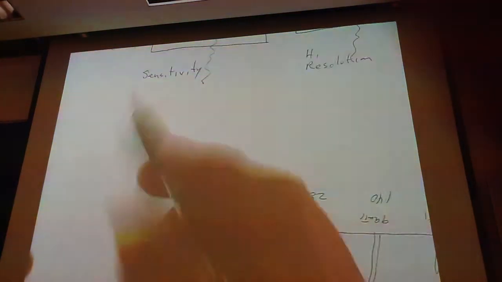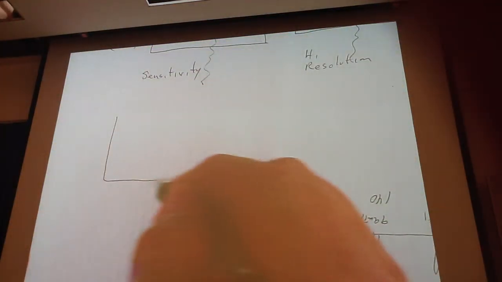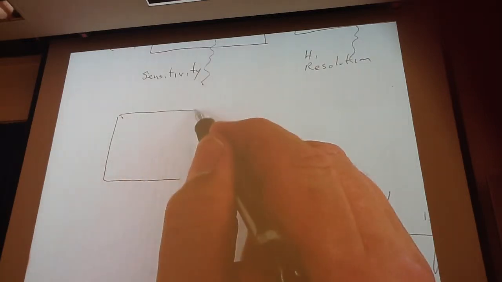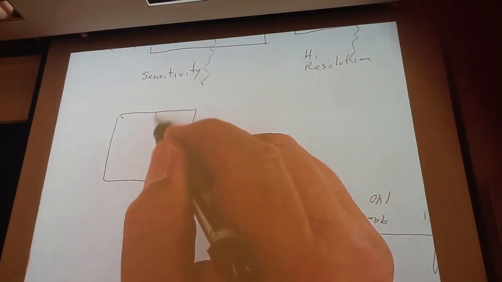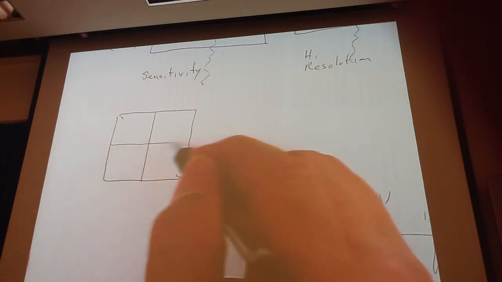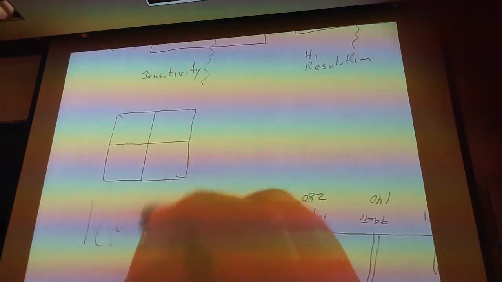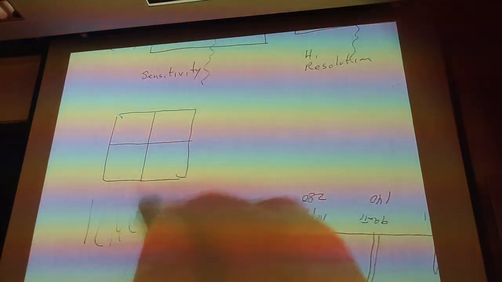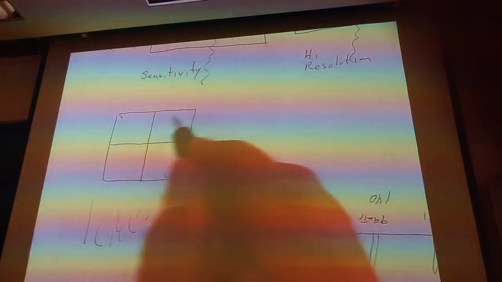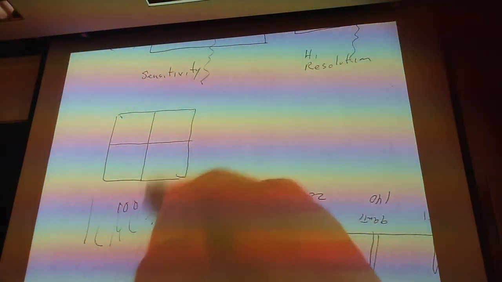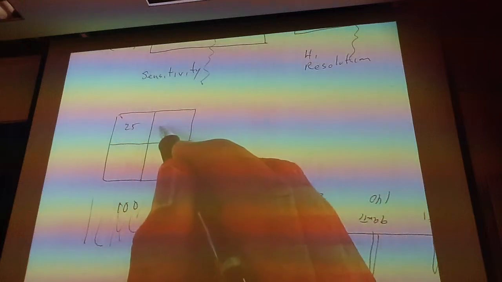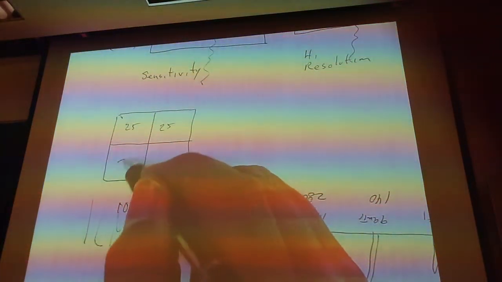So, for example, let's say I have a 2 by 2 matrix here, and 100 photons come in. We would assume that approximately 25 would be collected in each one, right?